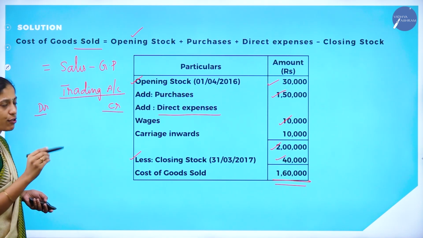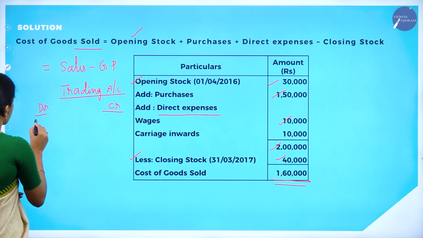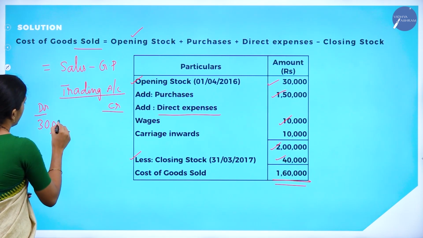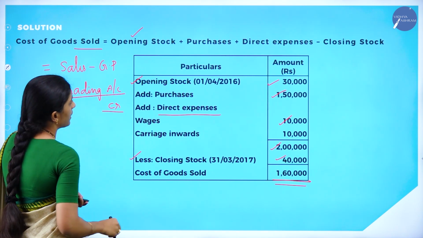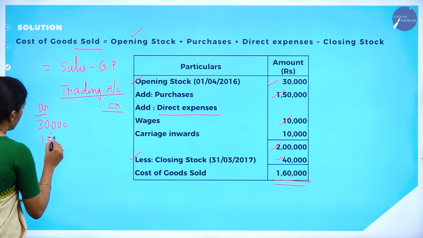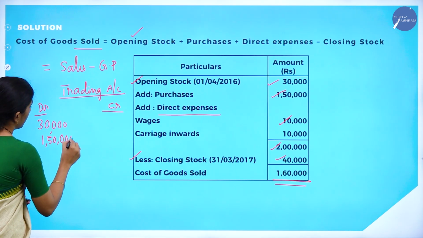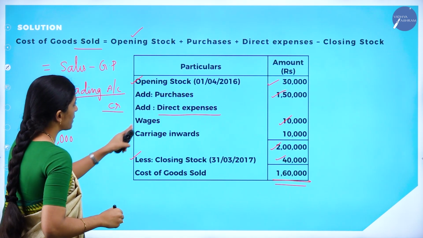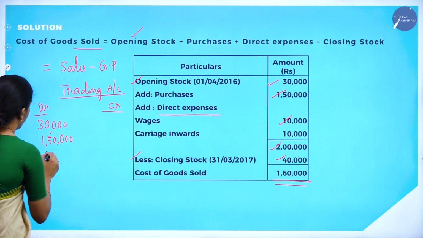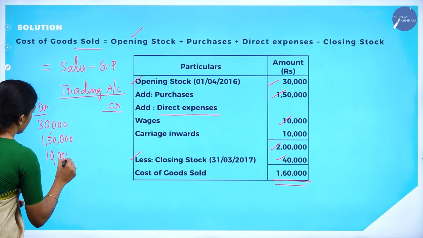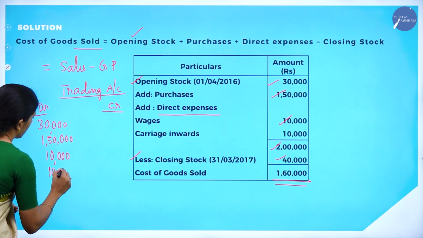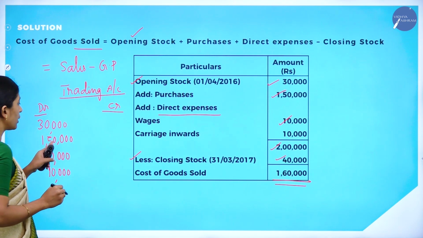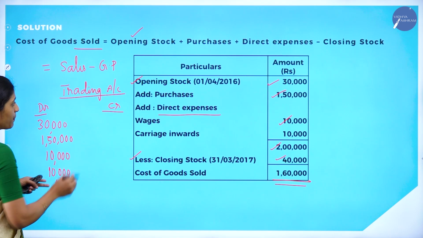In the debit side, you will start with opening stock, that is 30,000. Then purchases, that is 1,50,000. Then to all direct expenses: wages 10,000, carriage inwards 10,000.